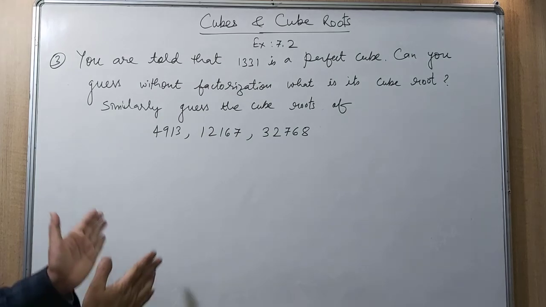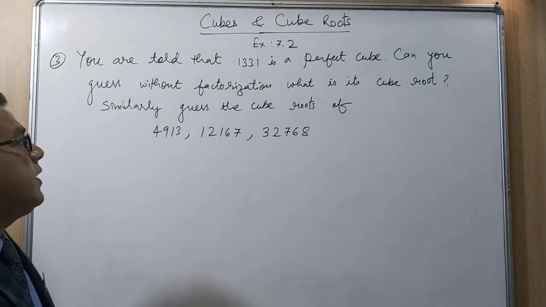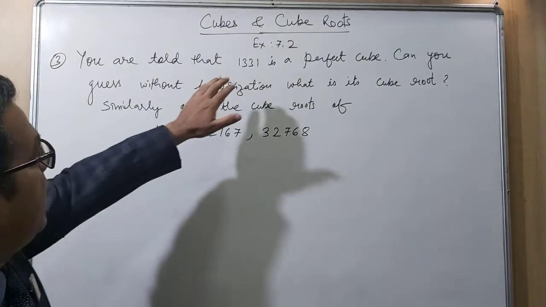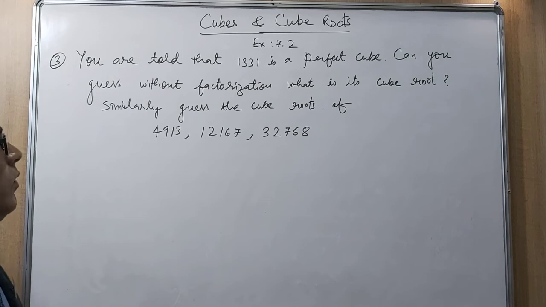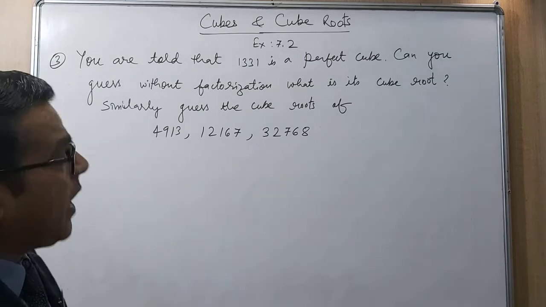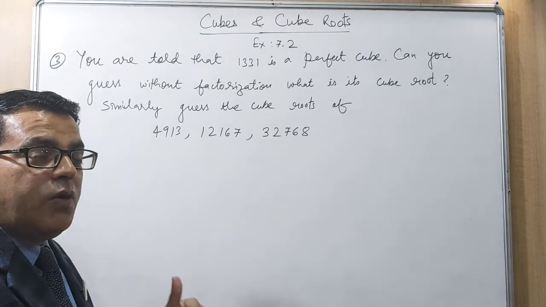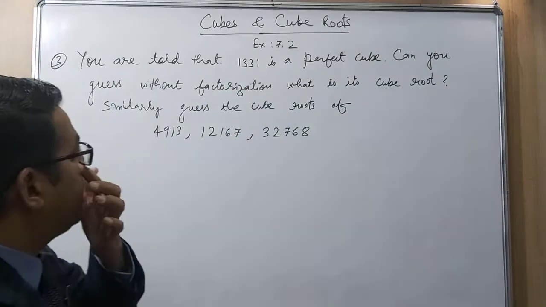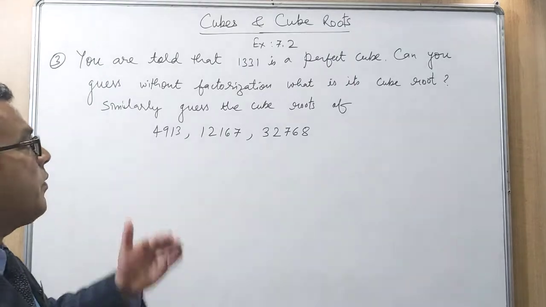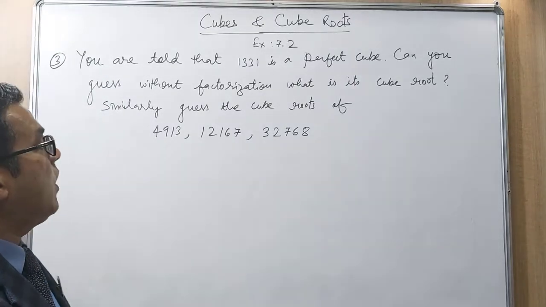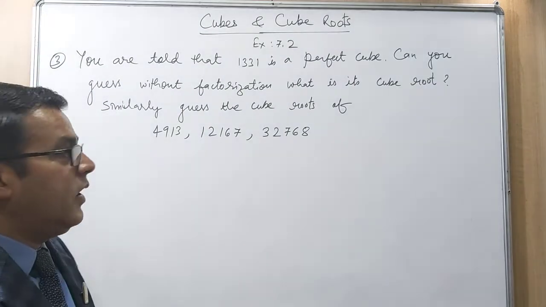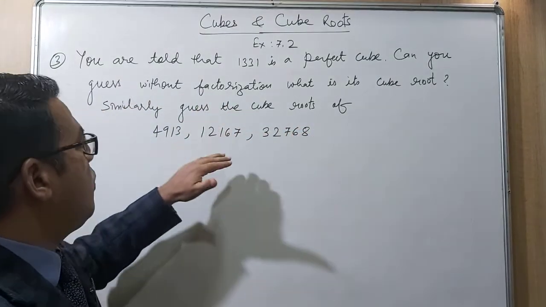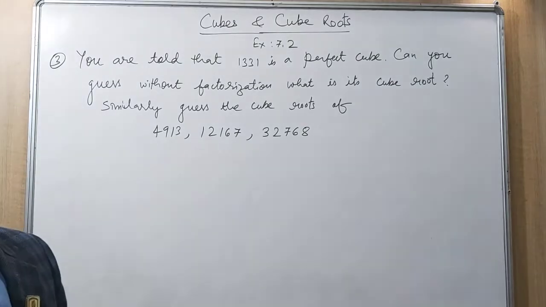Question is, you are told that 1331 is a perfect cube. Now the question is, without prime factorization, without calculation, how can you say whose perfect cube this number 1331 is? And similarly, you have to find the cube roots of these 3 numbers also, right?